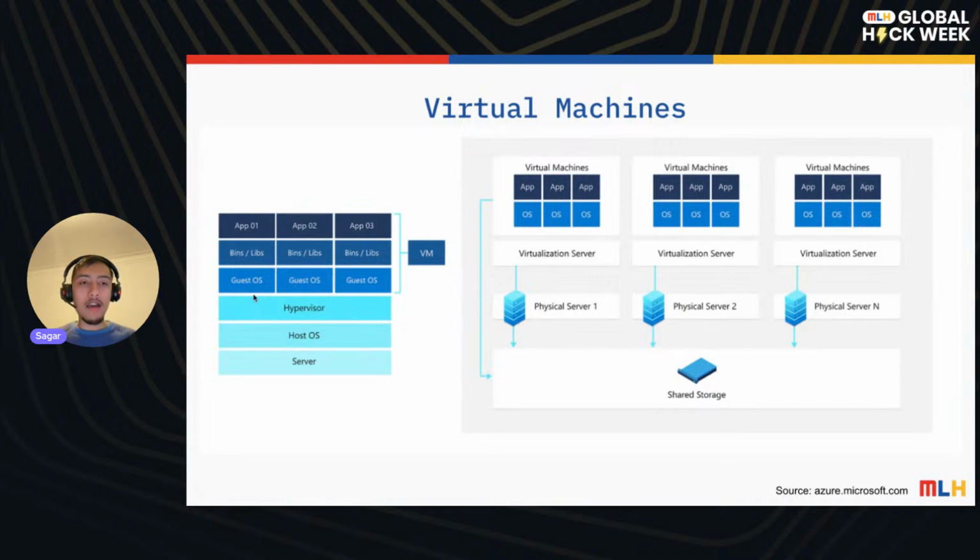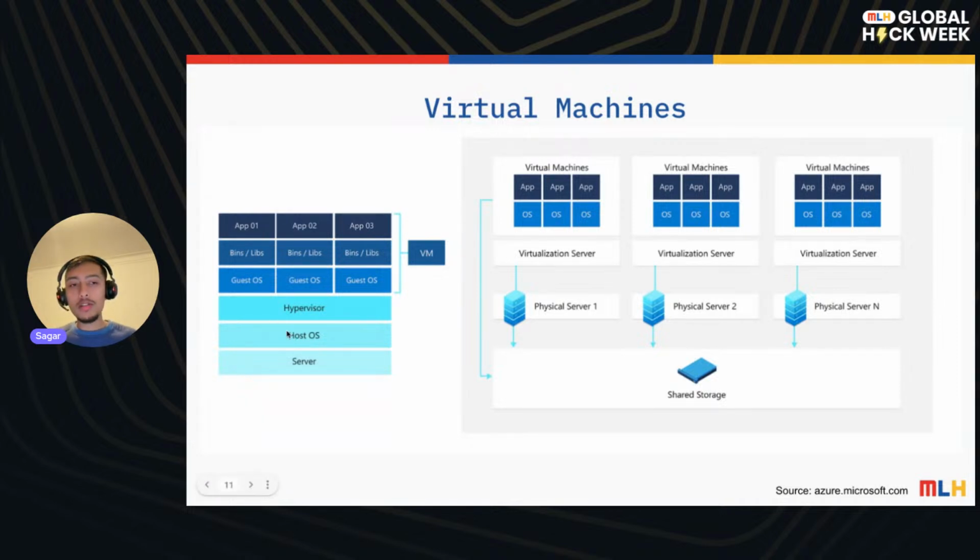For example, we are going to have our own operating system. In this example, we have divided the server capacity into 3 different OS, right? Each OS has its own binary files and libraries, and its own application. So we have divided a single physical server, and then we have installed 3 different operating systems on top of a host operating system.